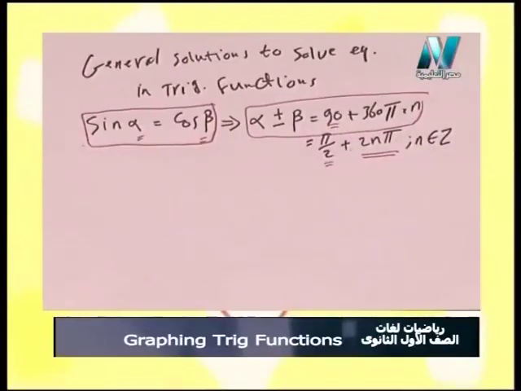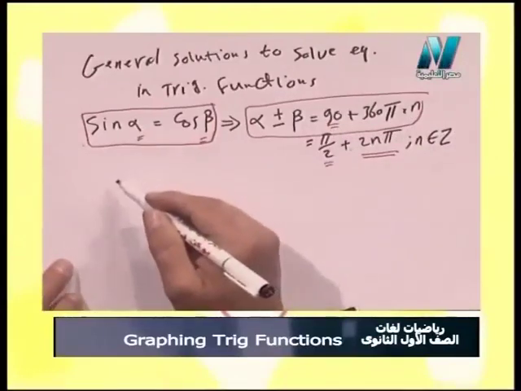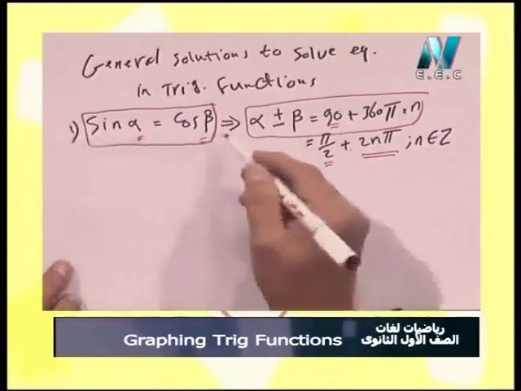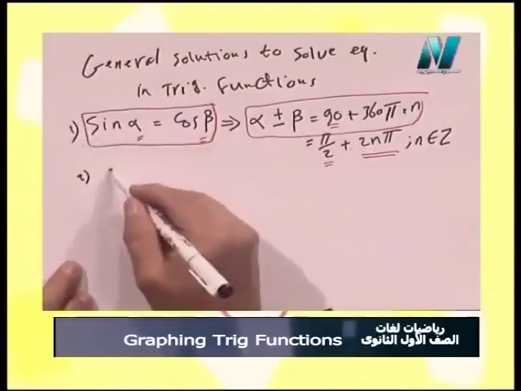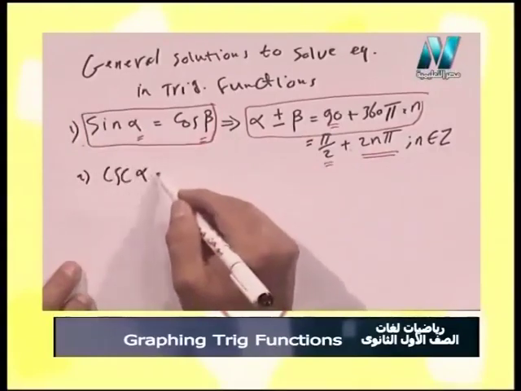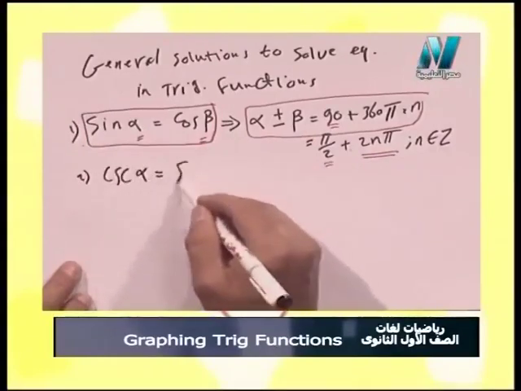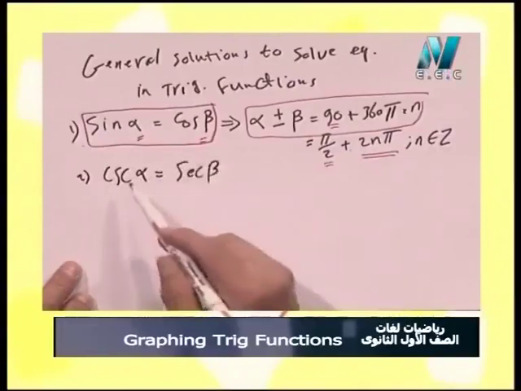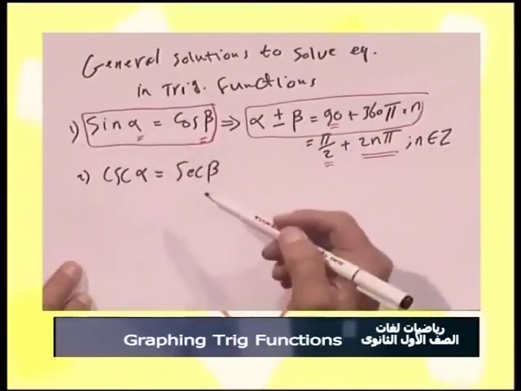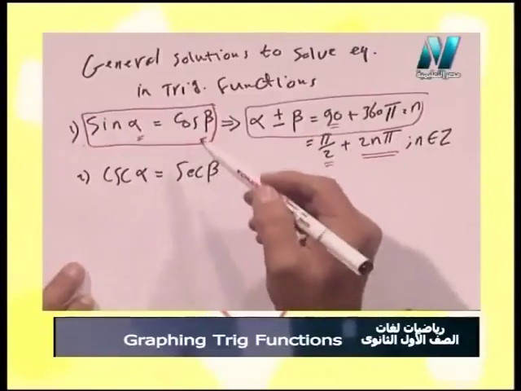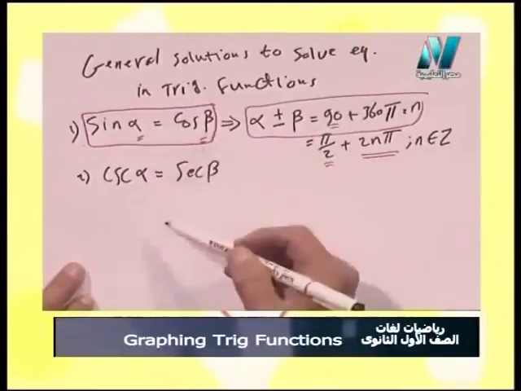Okay, if we take the reciprocal of these functions, we will have cosec alpha equal to sec beta. Cosec alpha is the reciprocal of sine alpha, and sec beta is the reciprocal of cosine beta.